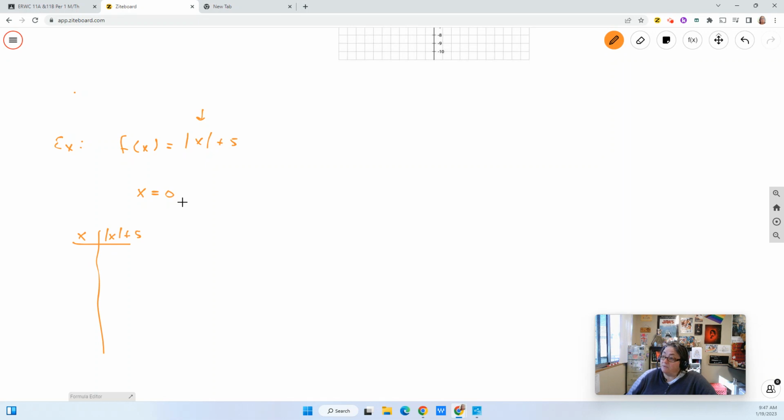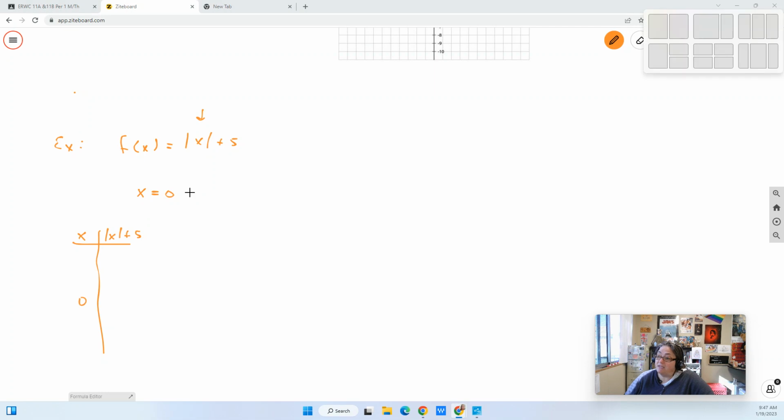And we know that that middle piece is 0. We know our vertex, that turning point, is 0. So we're going to put that in the middle. And then we're going to go with, say, -1, -2. Let's go to -3.